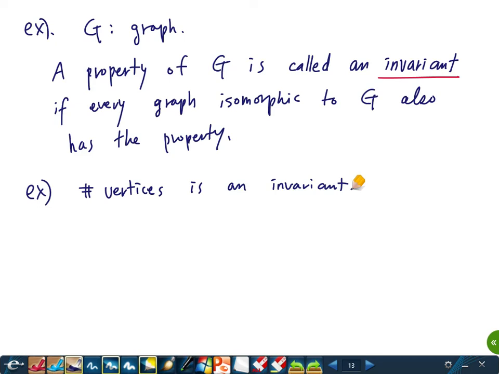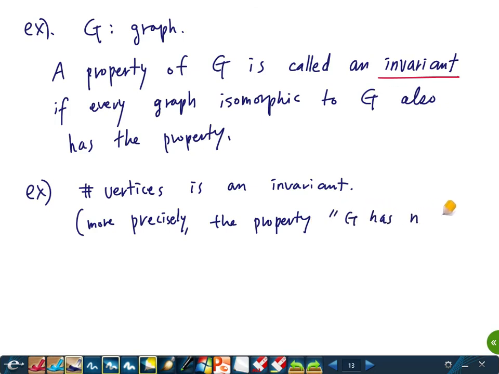Why is it an invariant? More precisely, the property is: G has n vertices.